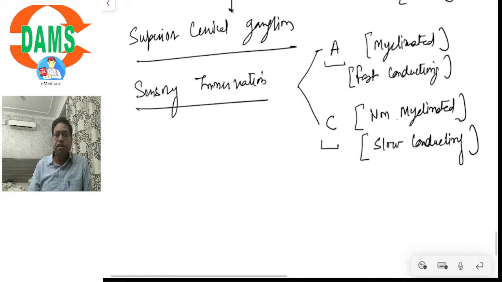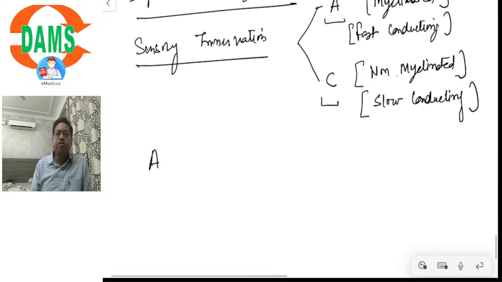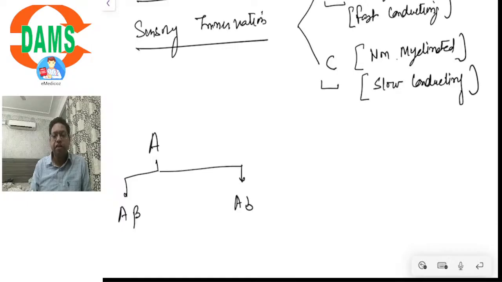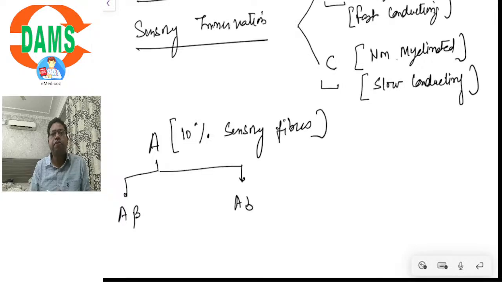Now, if we look at further details of these sensory fibers, the A fibers present in the pulp can be subdivided into two categories: the A beta fibers and the A delta fibers. These A fibers, which are myelinated, together make up about 10% of the sensory innervation of dental pulp.